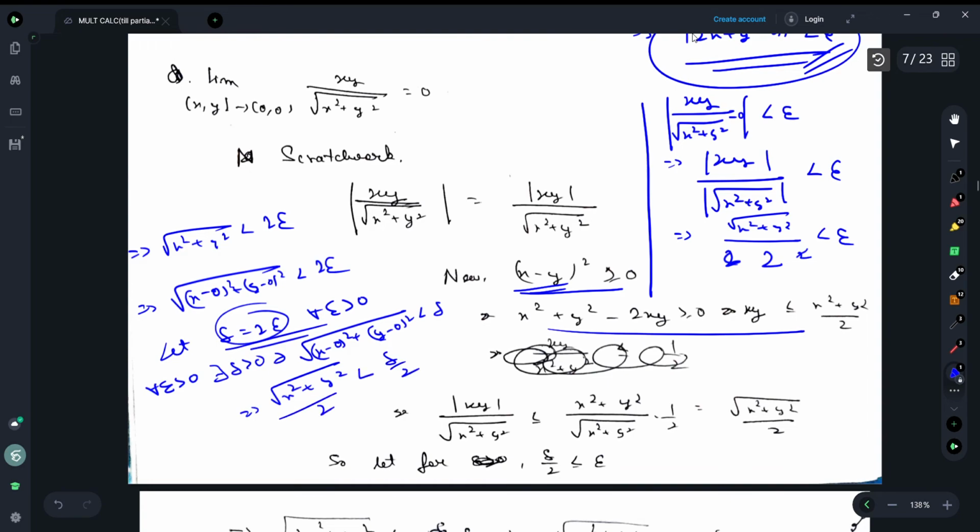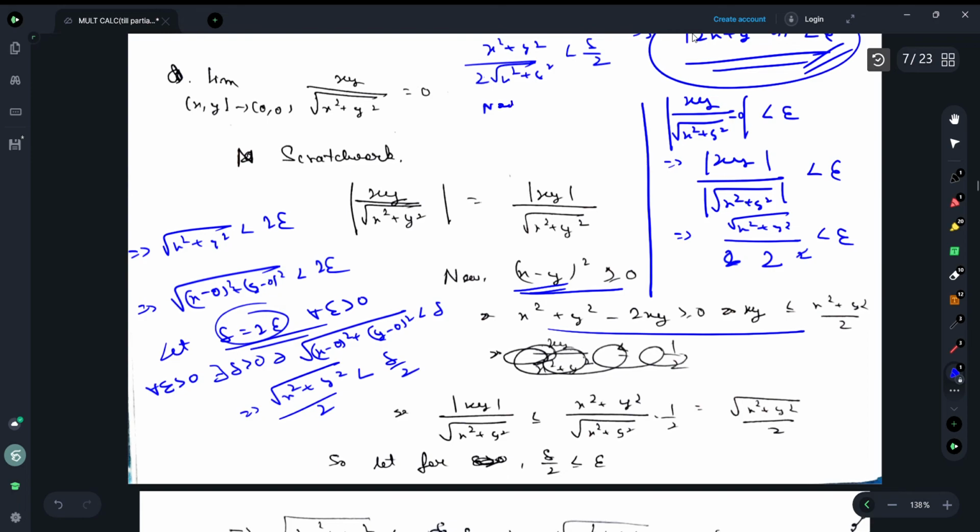Now we will be doing the exact back calculation, right? Now see, this can be written as, I'm doing the calculation here, x square plus y square upon 2 times root over of x square plus y square, which is less than delta by 2.